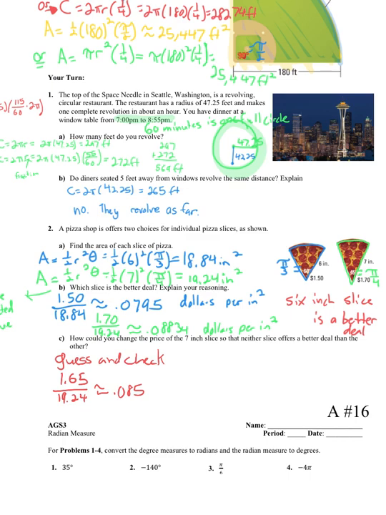So it's still a little bit more. We try 160 divided by 19.24, and that comes out to 0.083. Then 155 divided by 19.24. I'm literally just guessing and checking at this point. And this one comes out to 0.0805. That's very, very close to the other one.